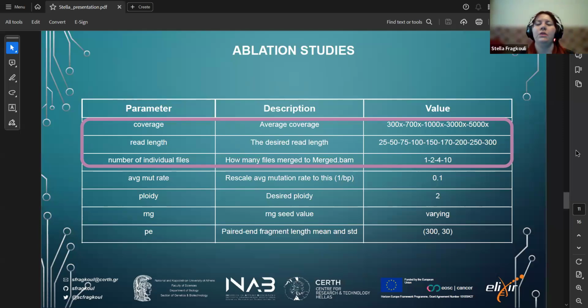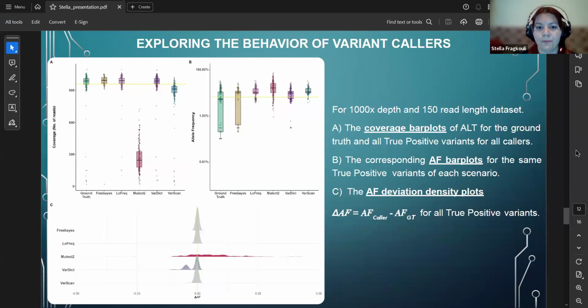I wanted to see how the allele frequency would be affected, and at the end, the variant callers themselves. So we fed all the data sets to the algorithms one by one and compared all 5 of them against each of the data sets.